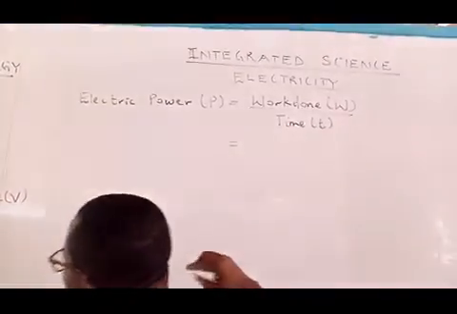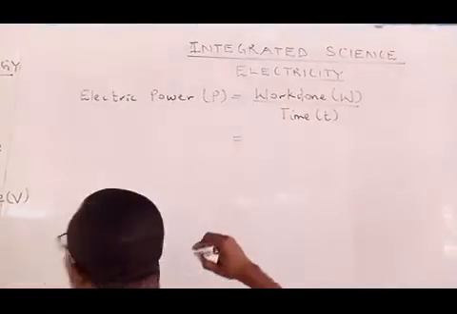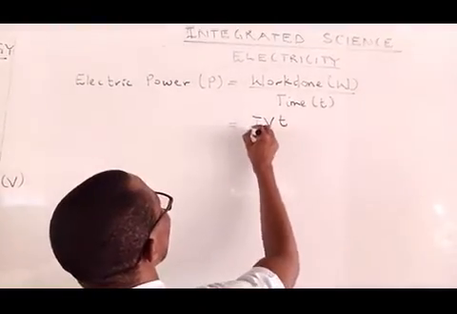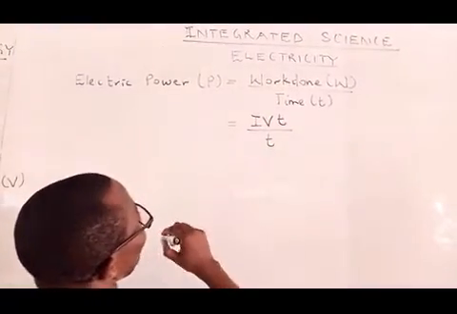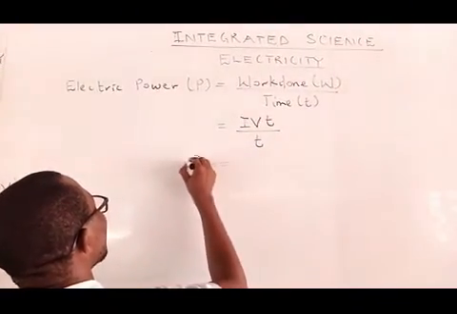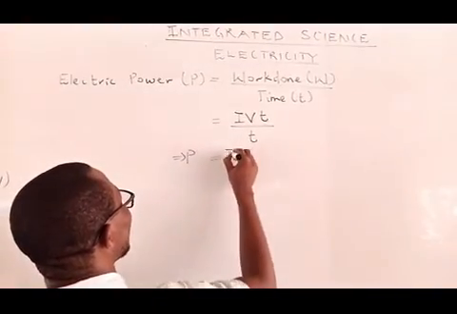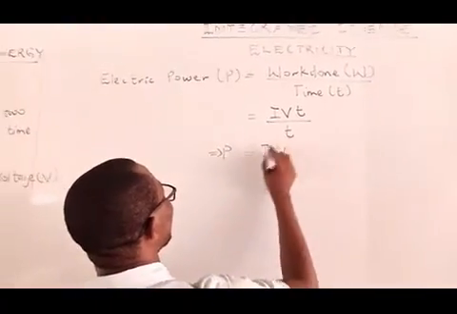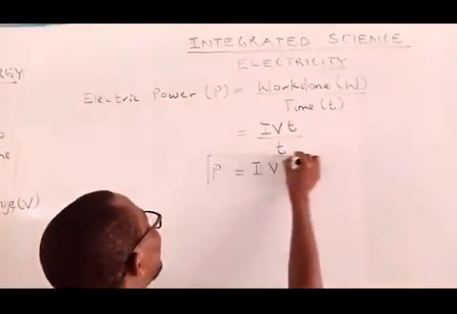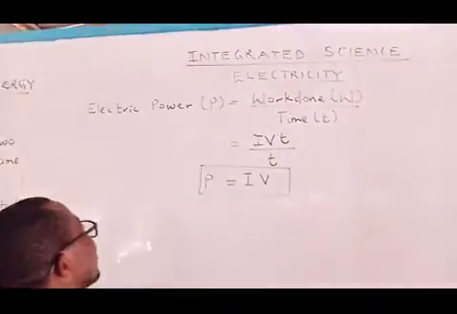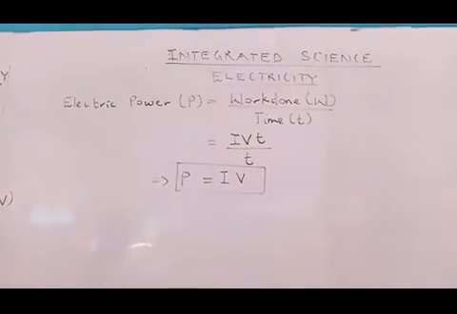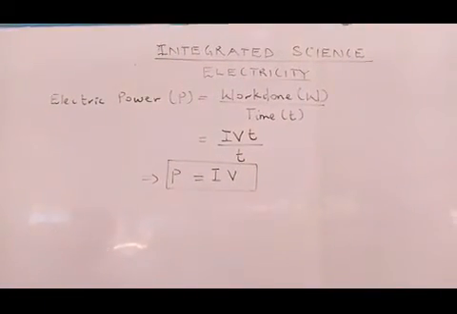From this equation, your work done, as I said, is IVT, and the time is T. So the T cancels out. It implies that your P, your electric power, is equal to the current times the voltage. That's the relationship between electric power, current, and voltage. Power equals current times voltage.